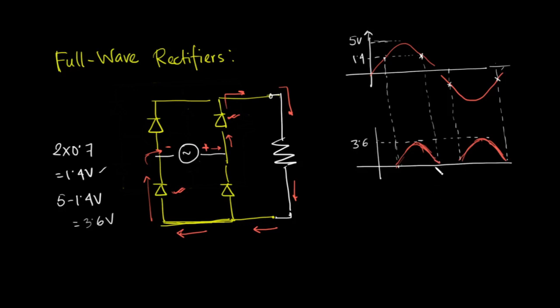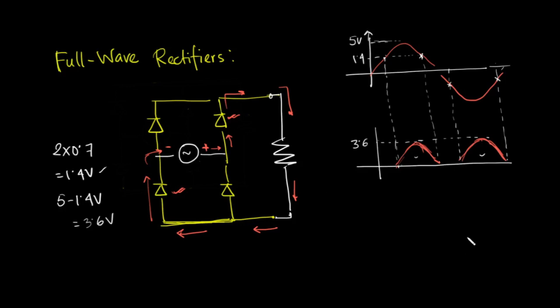So you can notice one thing: although we can use both the positive cycle and the negative cycle here, for a full wave rectifier the diode drop is more. The diode drop usually doesn't matter in power electronics applications, because we are usually rectifying a large amount of voltage.